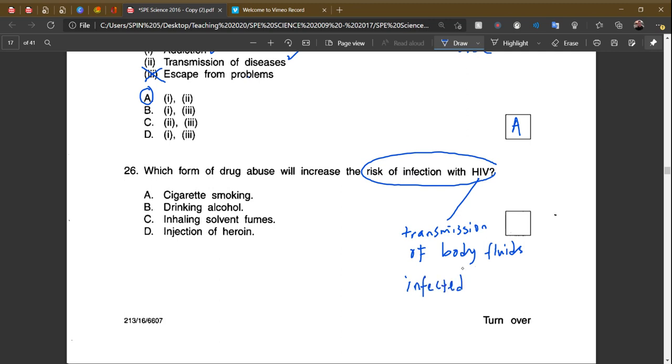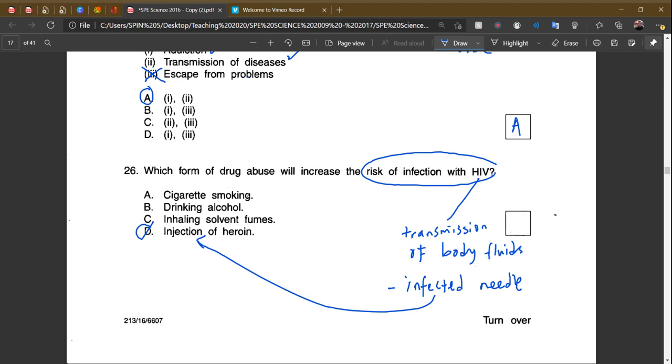When they share the needle, the blood will be stuck in the needle, and then when you transfer it, the person will get the disease. So an infected needle means through the means of injection, which means the answer here is D.